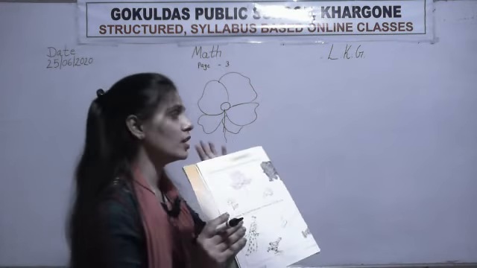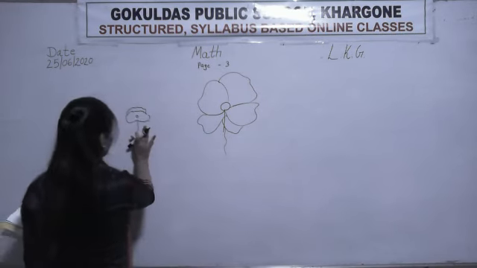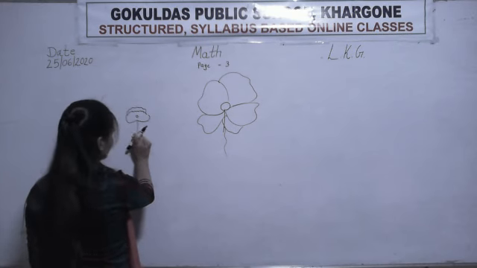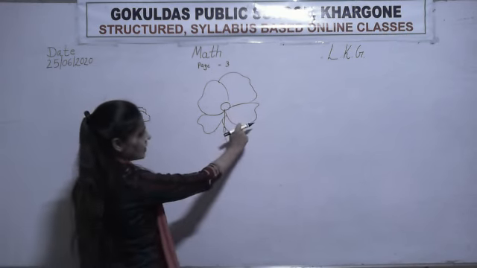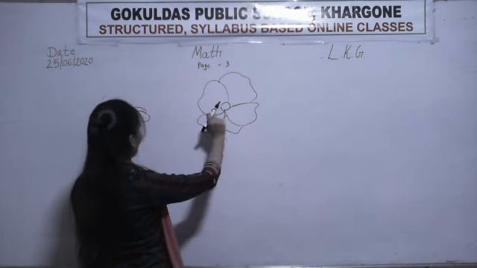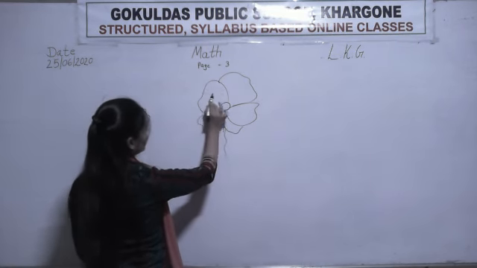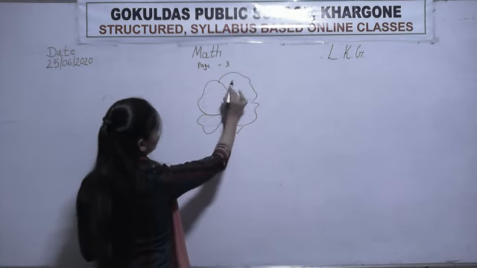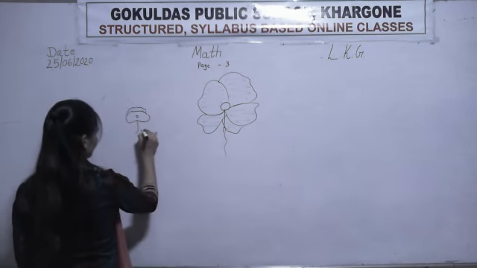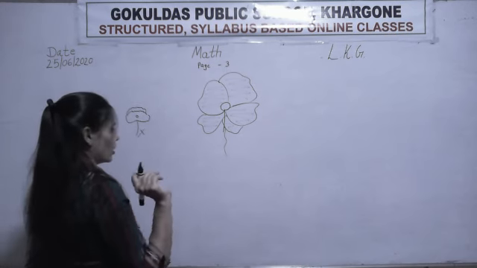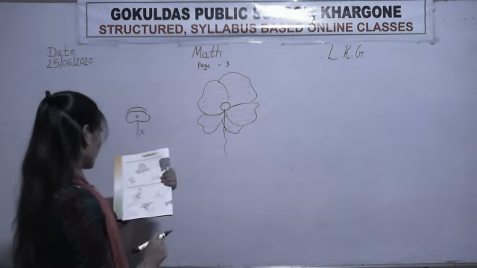The question is color the big picture. So which one is big, this one or this one? Tell me. This one? Yes. So color the flower which is big, and cross the flower which is small. Okay.